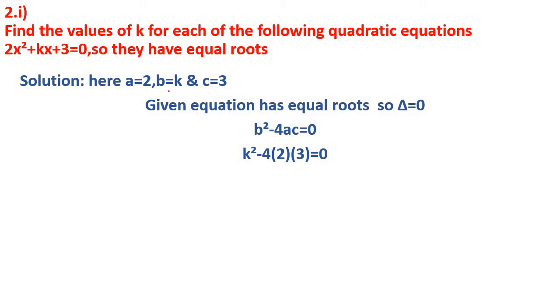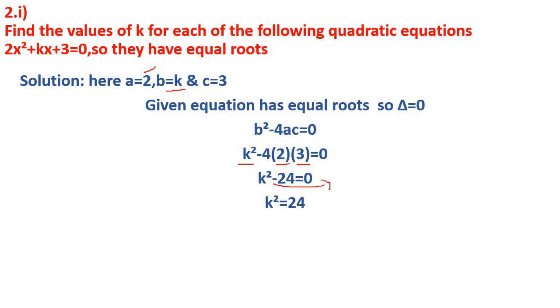Here b is equal to k, so b² is k². a is equal to 2, c is equal to 3. Therefore we get k² − 4 × 2 × 3, 4 2s are 8, 8 3s are 24, which is equal to 0. Therefore k² is equal to 24.